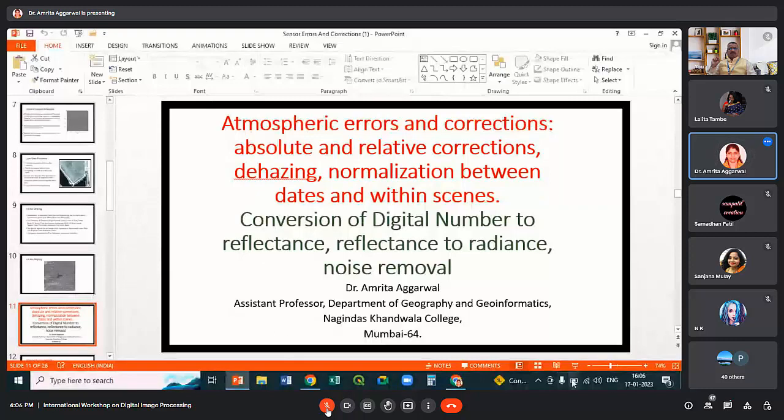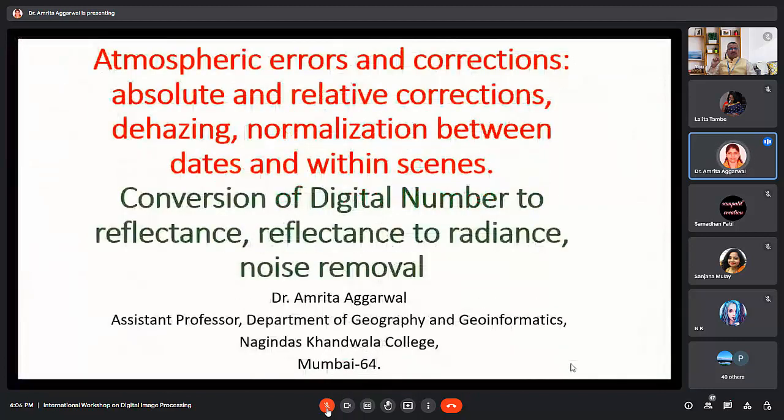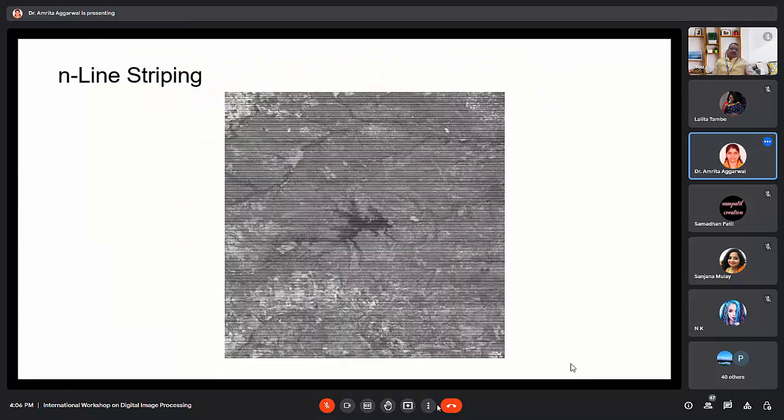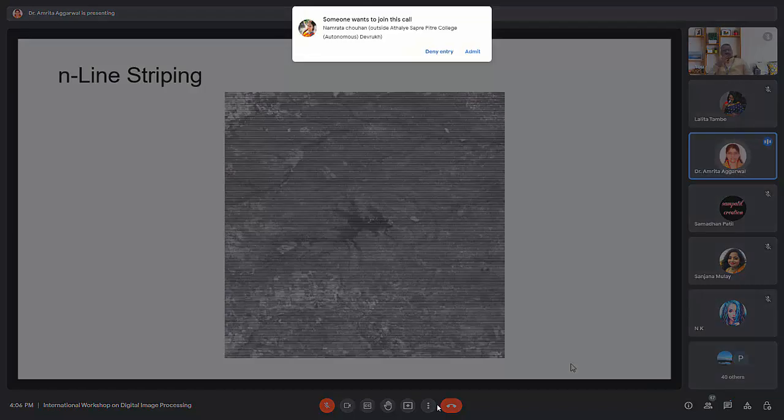Yes. So in the last lecture, we focused upon the errors which were caused due to pixels which could not be captured by the sensor. They were the system errors, the sensor errors.